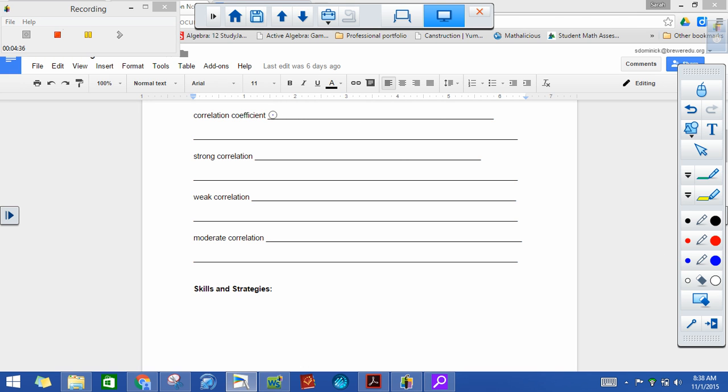Your computer or the calculator is going to use R to represent a correlation coefficient. That's what you're looking for. It is used to judge how closely a line fits data.